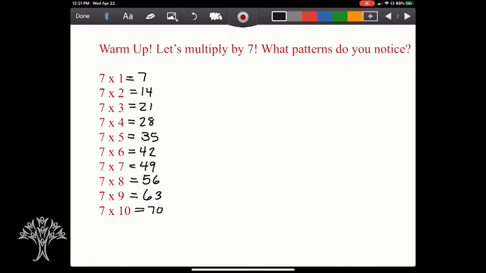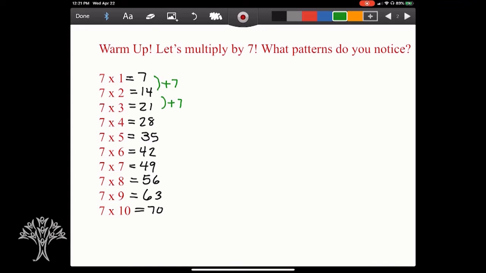Okay, so what are you thinking about any patterns that you're noticing? I notice, of course, that when we're going up, we're just adding 7 each time. So the answers are increasing by 7 as we get larger because we're adding one more group.